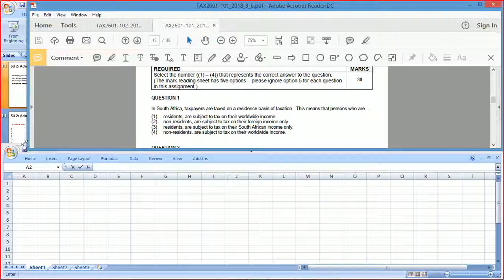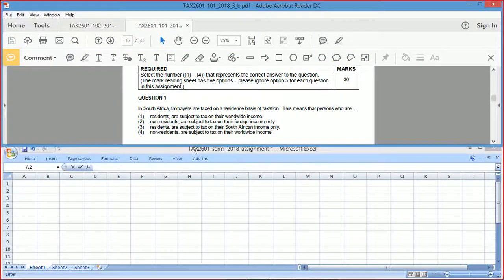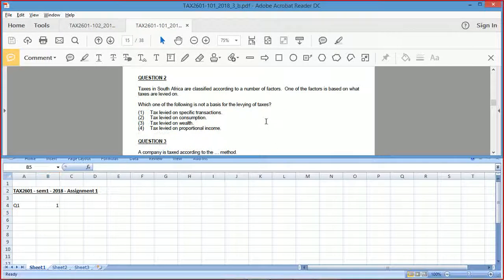So if you're a resident and you believe SA is your home, it doesn't matter where you go in the world, you are going to have to pay taxes on that. Residents are subject to tax on their worldwide income.